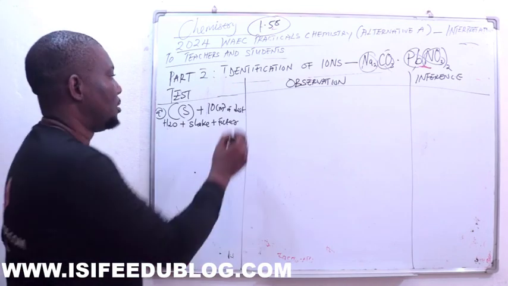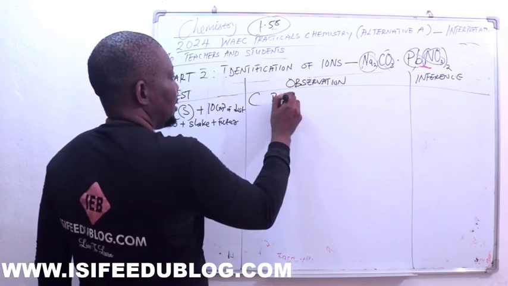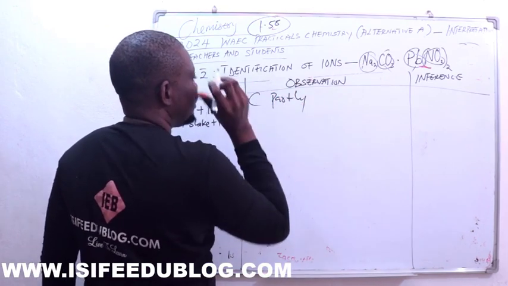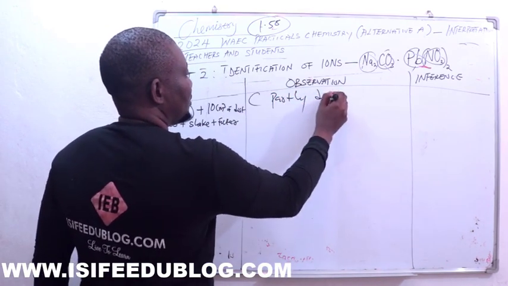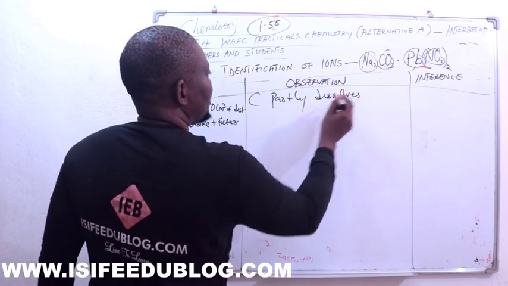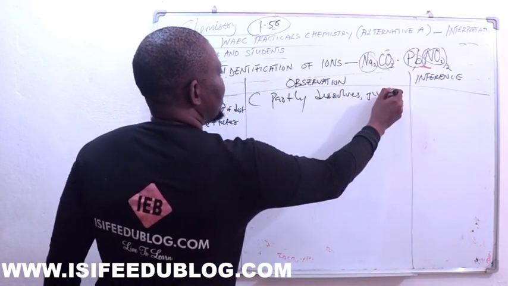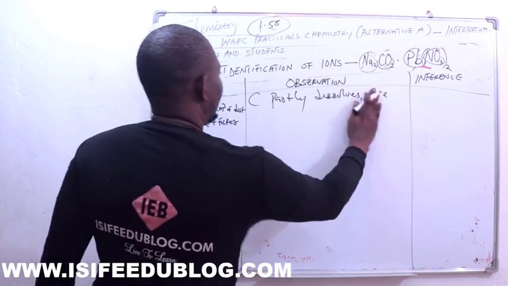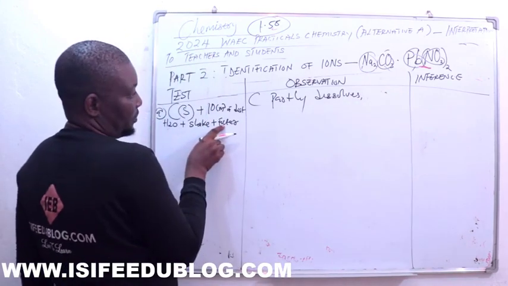So that means C partly dissolves, gives, and this of filtration, you don't write it on the line of filtrates.